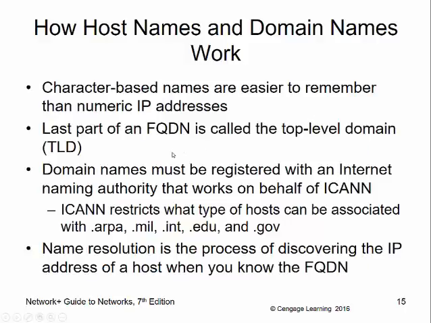Now, there are suffixes to domain names. Think about it. www.yahoo.com, right? Yahoo is the domain name of the organization, in this case, the search engine, and then .com is the top-level domain name.